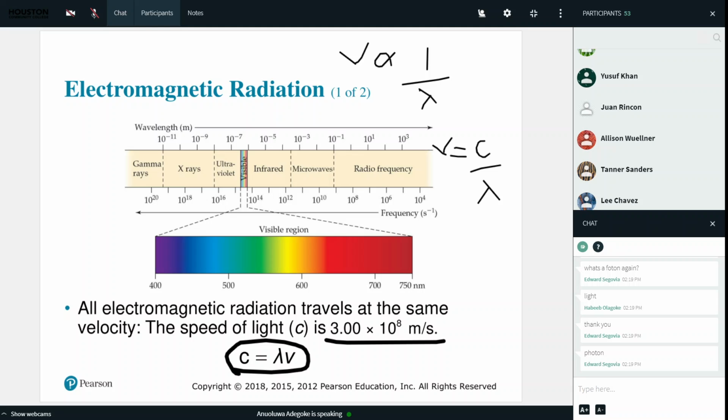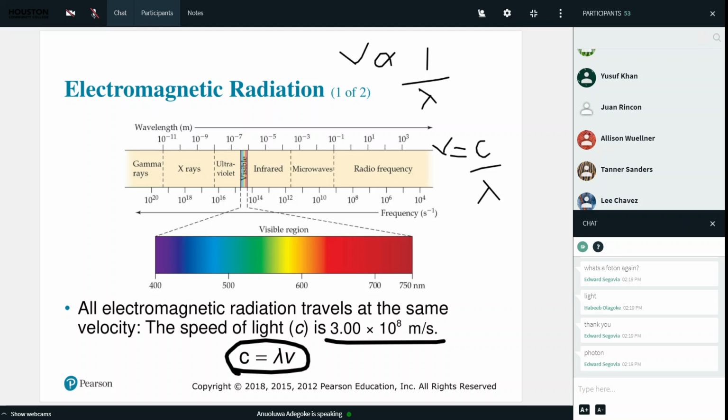We as human beings can see with our naked eye between 400 and 750 nanometers. Anything outside of that, we cannot see. So whenever an atom emits light and we see it, it's got to be between 400 and 750 nanometers.